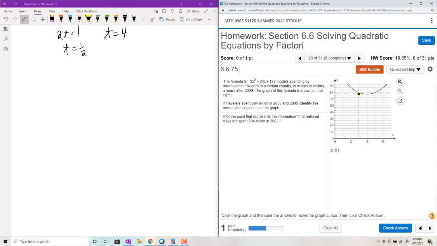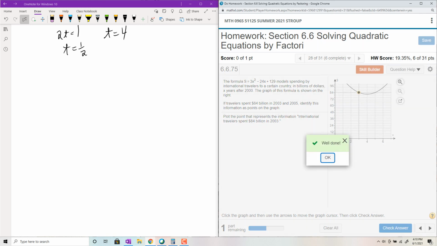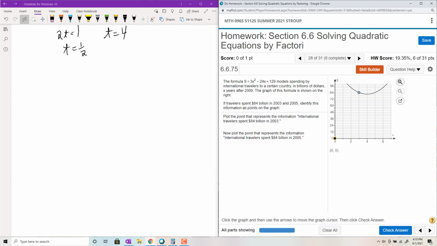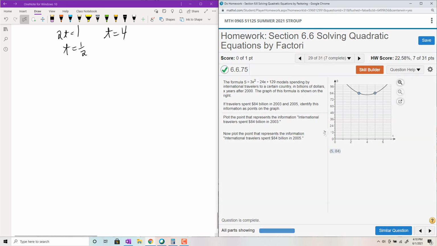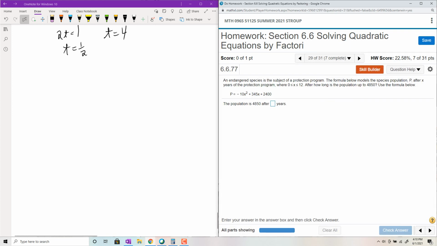So that hits the graph right here, and that's one of them. So that's one answer. Plot the point for 2005: you go over to the 5 for 2005 and then go up to the graph. Is that it? Oh, okay.